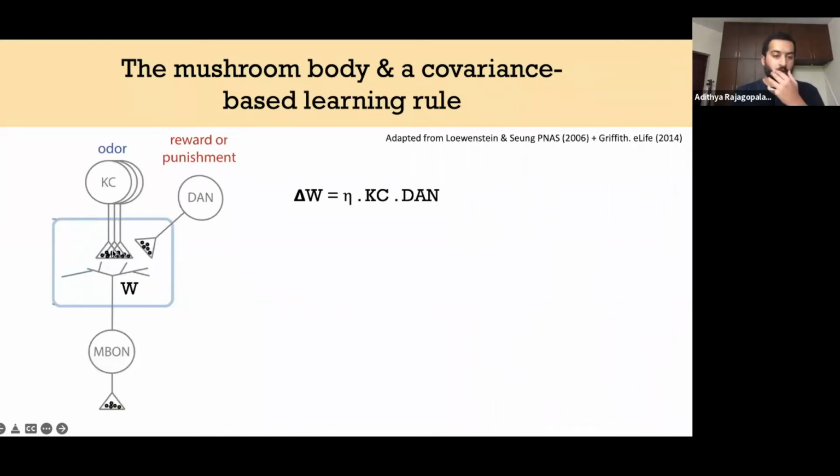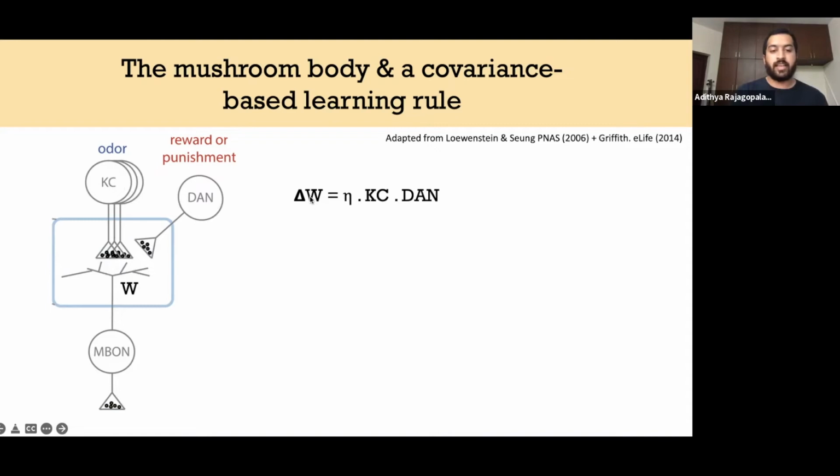It's typically thought to be a presynaptic mechanism. And so it's not that the entire MBON is now going to always be less active when one Kenyon cell and one DAN are active. It's just that if a particular Kenyon cell and DAN are active, that particular Kenyon cell's activity is now less likely to excite the MBON.